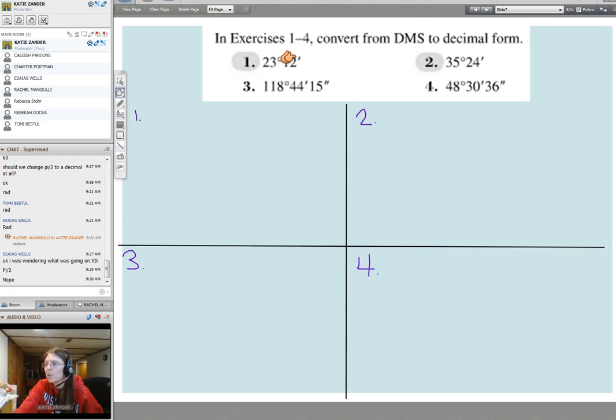So notice that you are given degrees, minutes, and seconds. Let's change that to just the decimal form of your degrees. So pick 1 or 2 to work on. When you have an answer, put it in the space provided, and I'll be sure to check the work. Once all of them have been answered, we'll go through those.